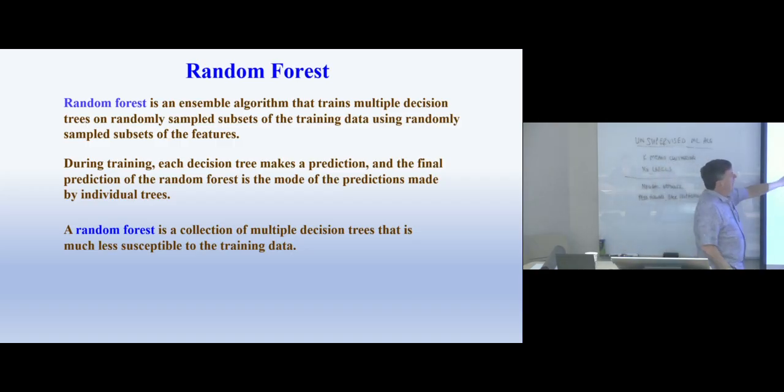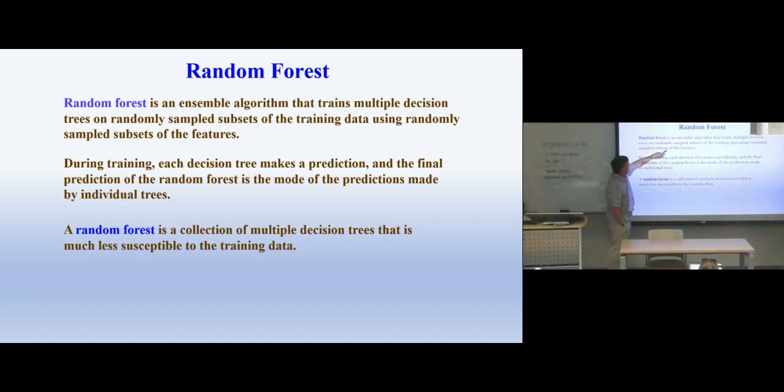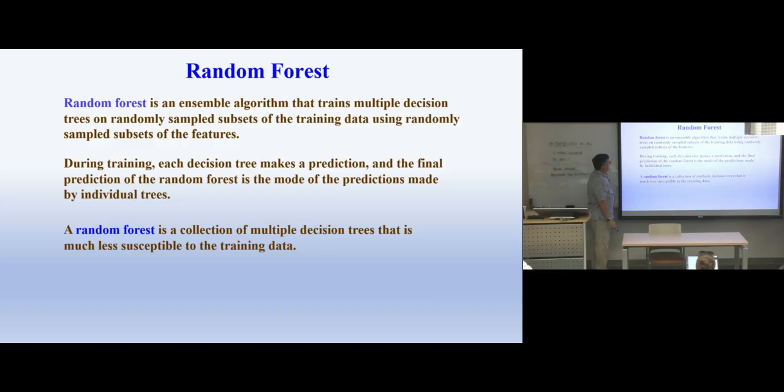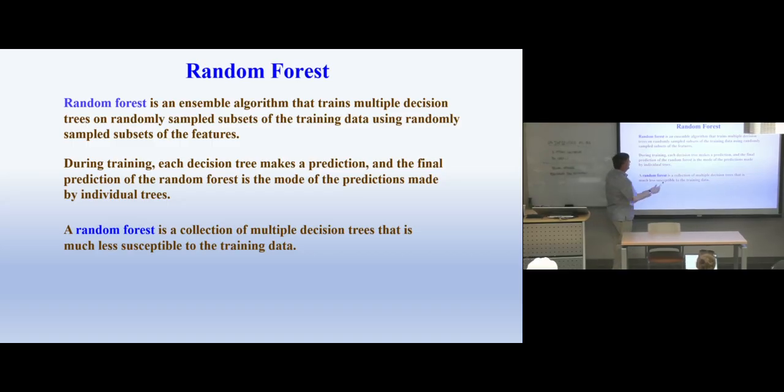Okay, it's an ensemble algorithm, which means it works off multiple decision trees. The algorithm does the work because it pulls randomly sampled subsets of the training data, and then it uses randomly sampled subsets of the features.